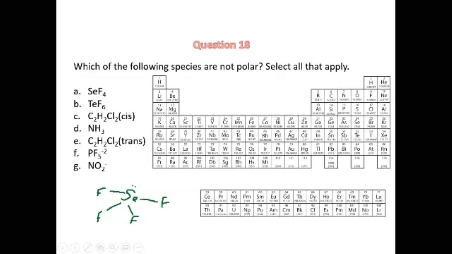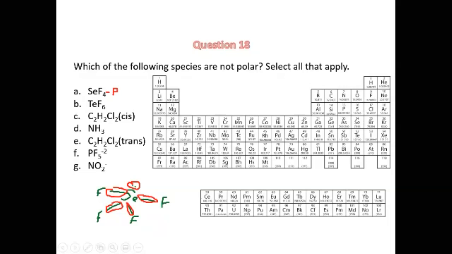It has 4 bonding pairs and 1 lone pair of electrons. Anytime you see a molecule with 1 lone pair of electrons, that's a good indication that it's a polar molecule. So selenium tetrafluoride is polar.